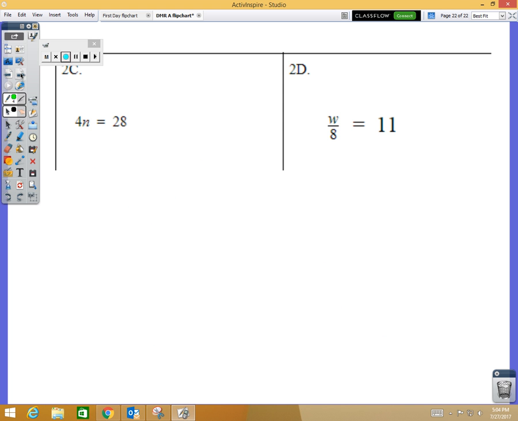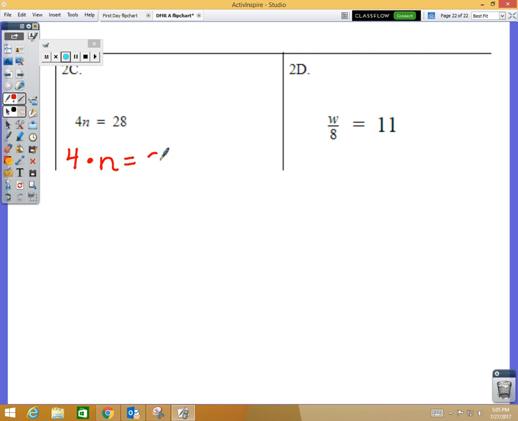All right, we have two other types of equations that you might see that involve multiplication and division. In this problem, this first one here, this means 4 times n. So if you want to, you could rewrite it.